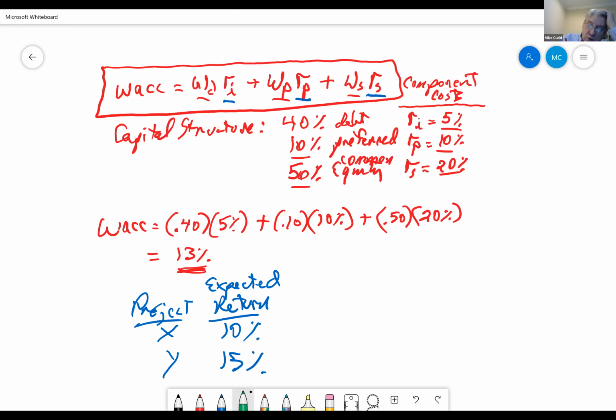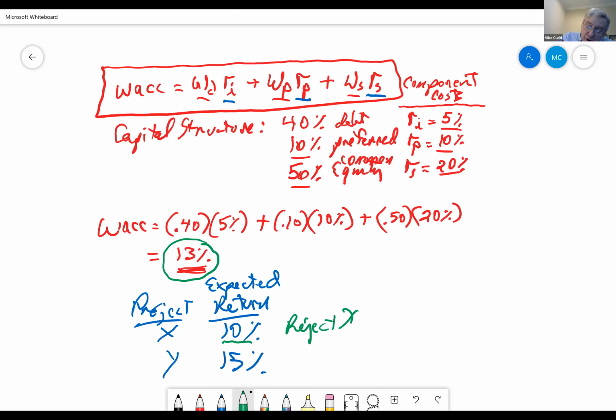If we require at least 13 and we only expect 10, we would basically say X is not good enough and reject it.